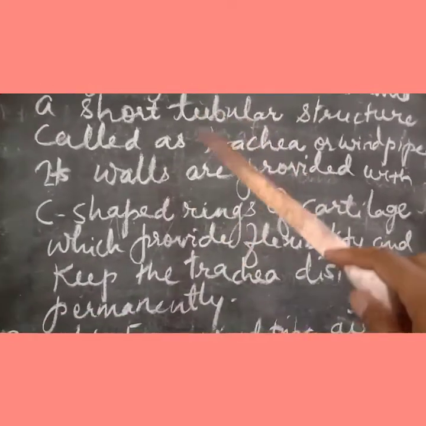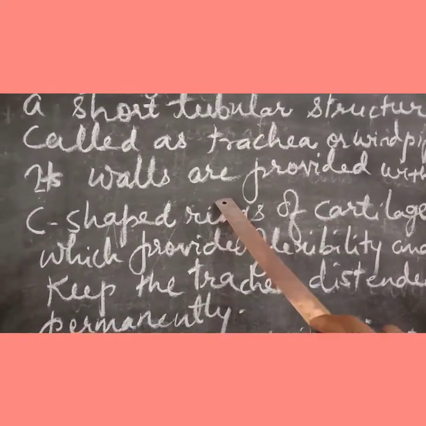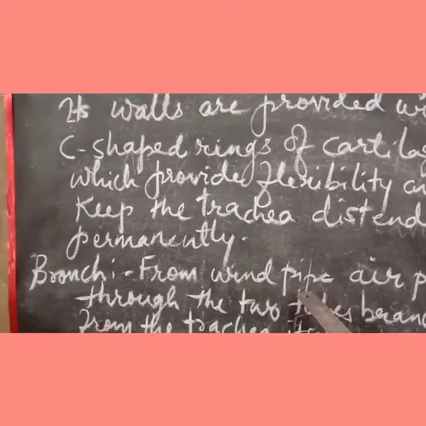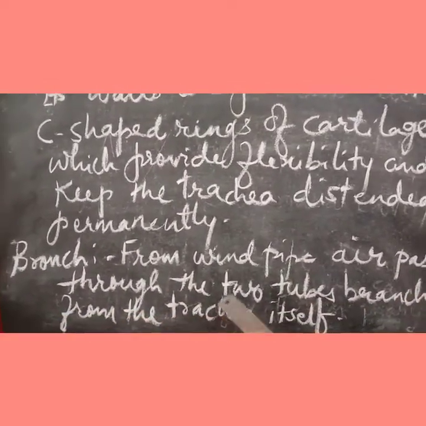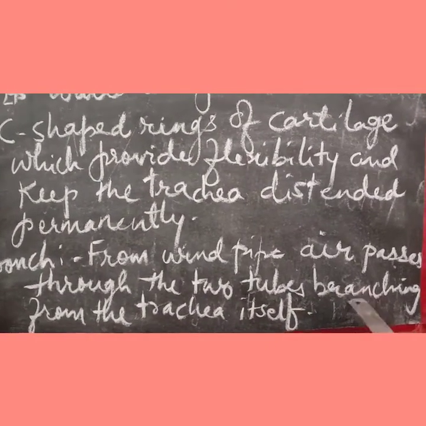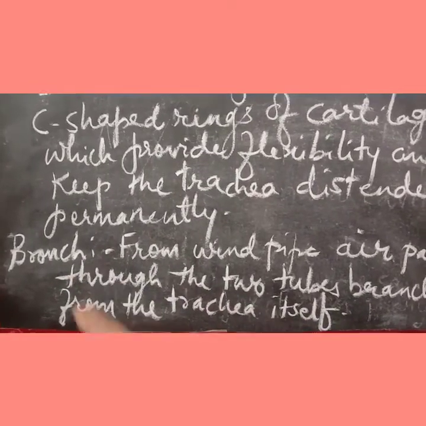Now let's see what happens when the air reaches the trachea. From the trachea or windpipe, air passes through two tubes, and these two tubes are actually branching from the trachea itself, and these are called bronchi.